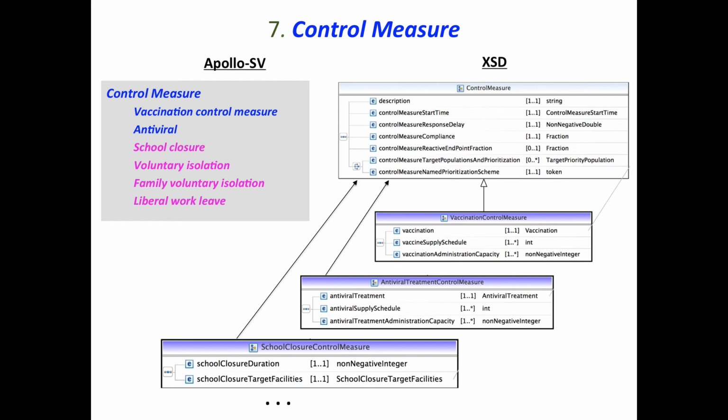Apollo XSD 1.3.1 defines types for 6 control measures. You can see that control measures have many properties in common, such as start time, response delay, and compliance.